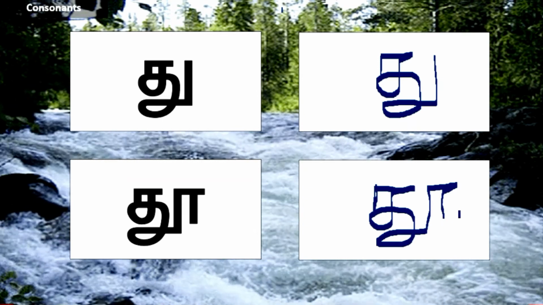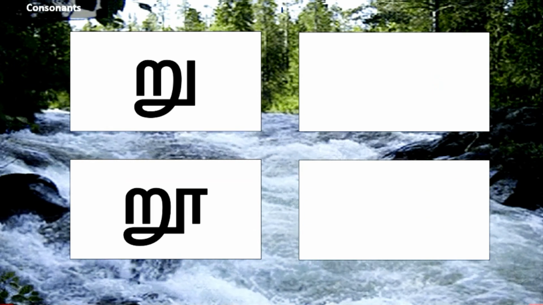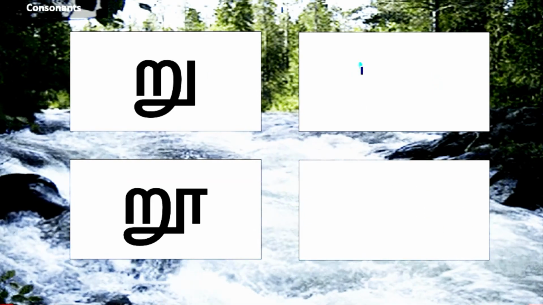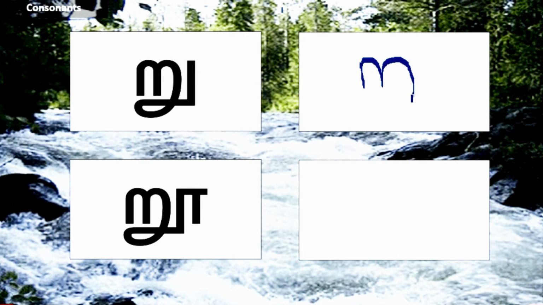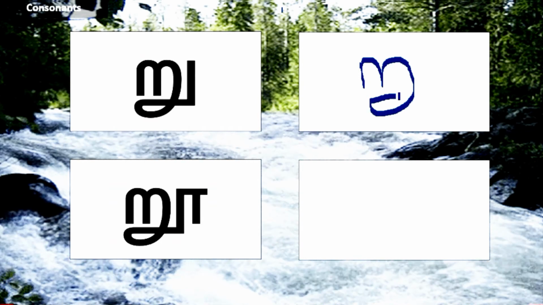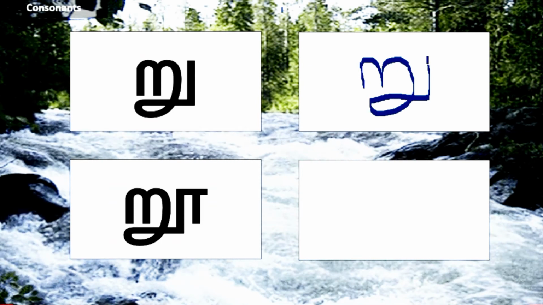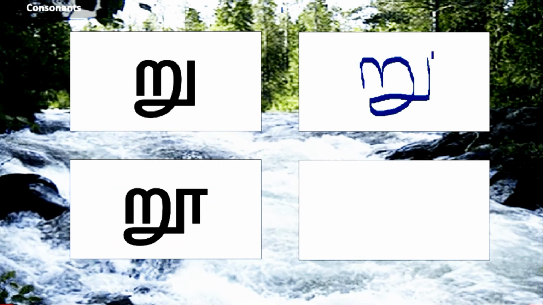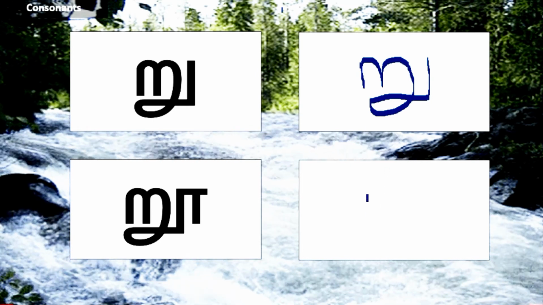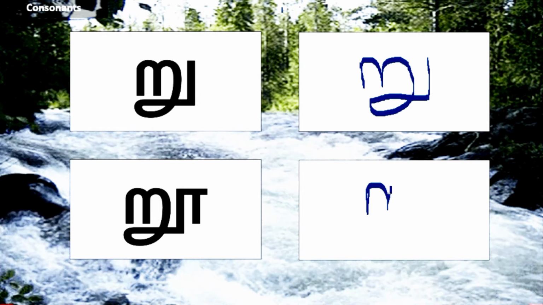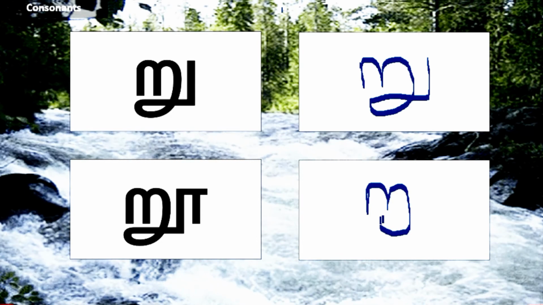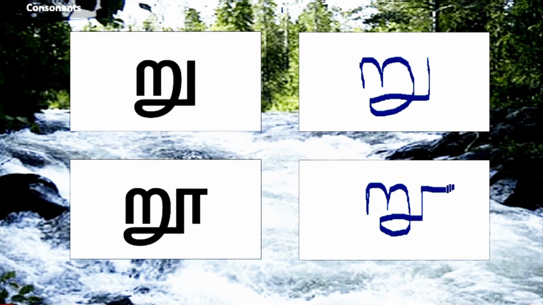This is tu. For ru, first we write ra, then slightly bend, move forward horizontally and then a vertical line. This is ru. To write ru, we first write ru and then a tunaikal at the end.